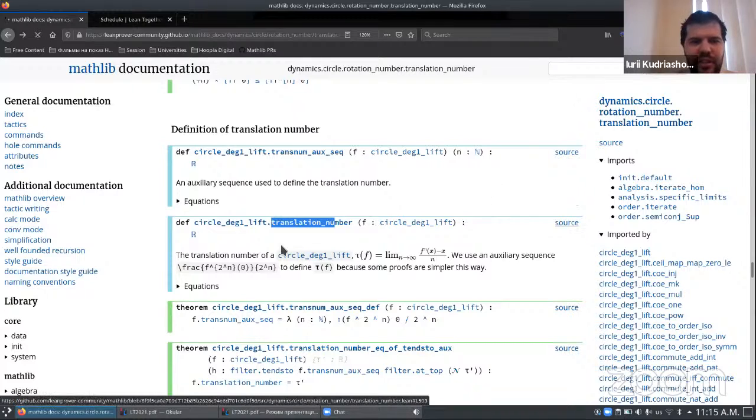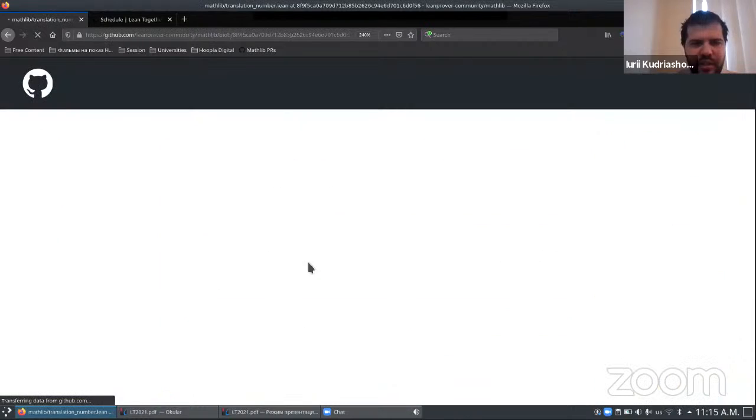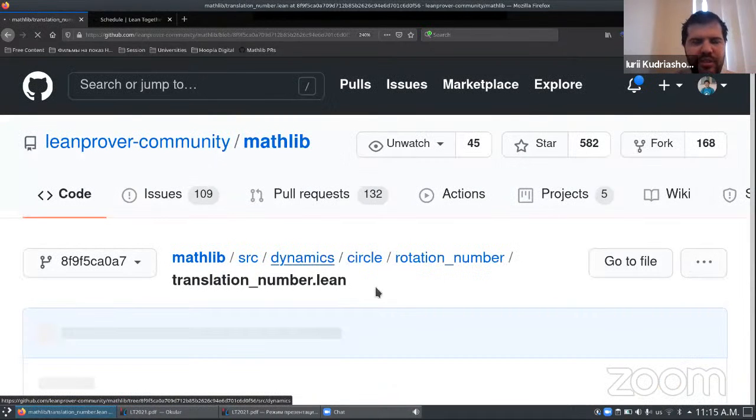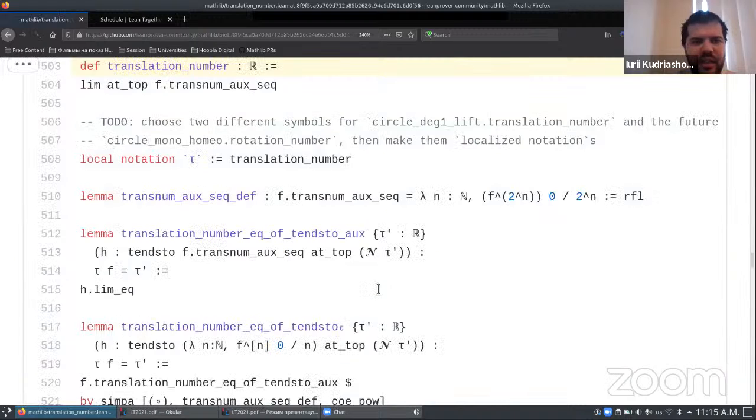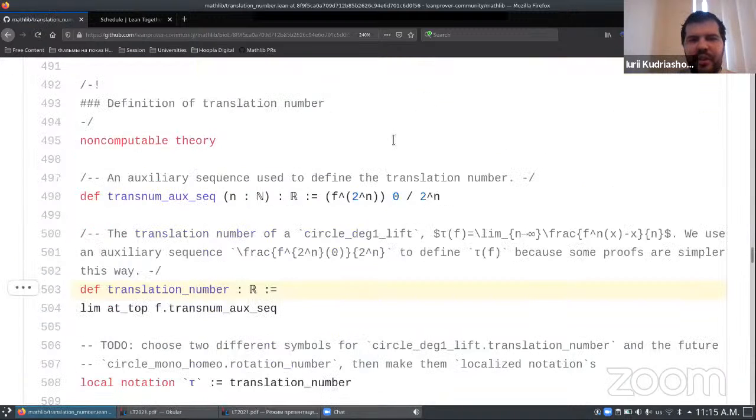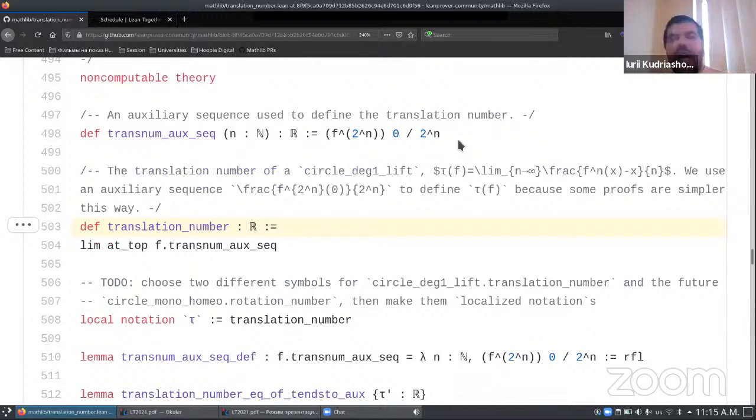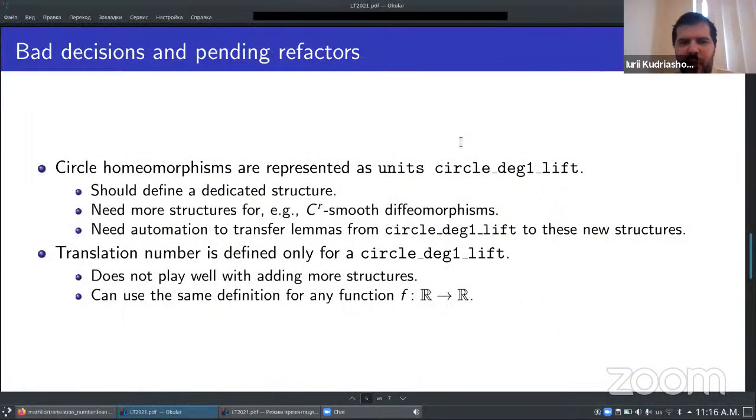Yeah, so the limit of this sequence, and I take it as a definition for any map from R to R. It will have nice properties only for lifts of circle degree 1 maps, but okay, we have division by 0 without error.